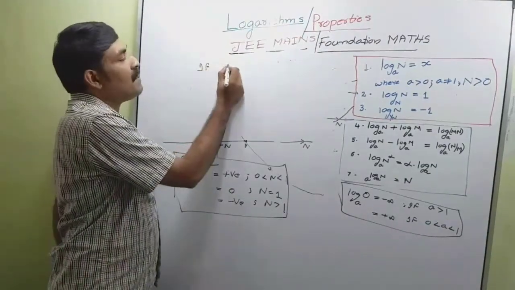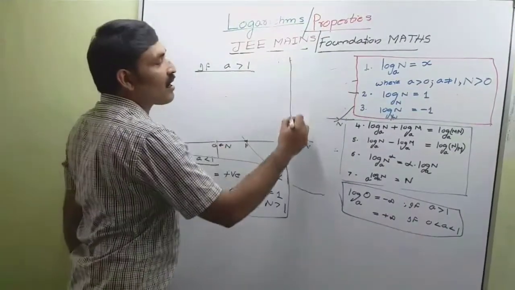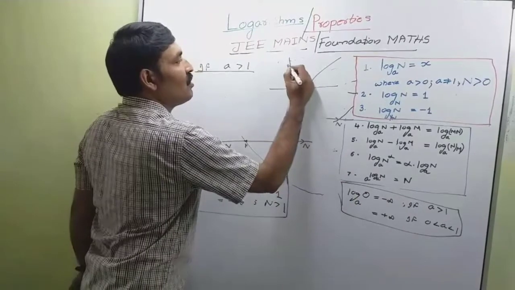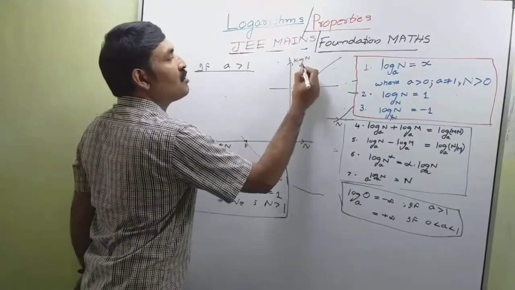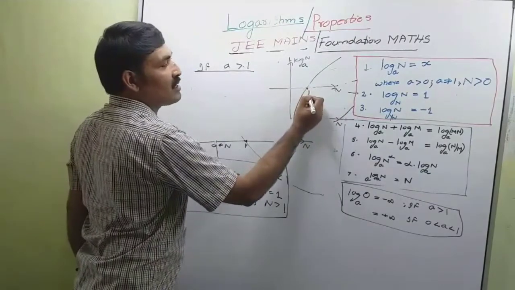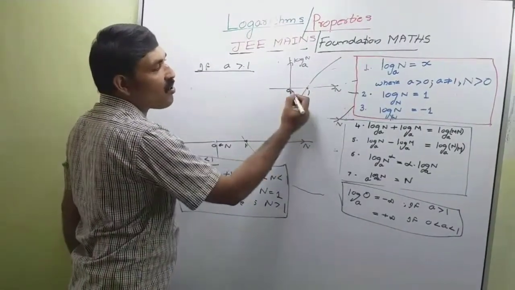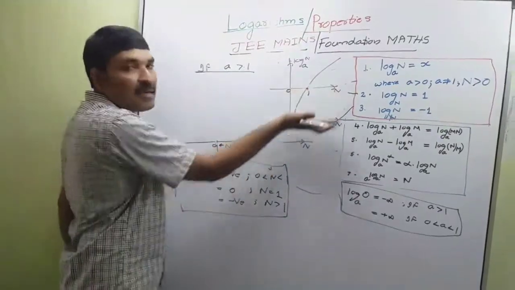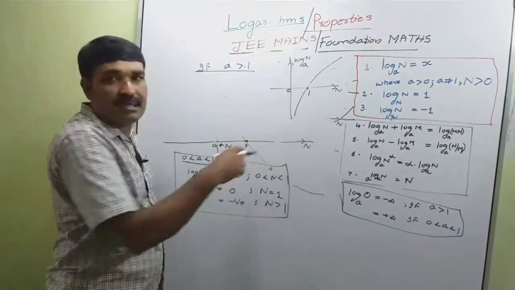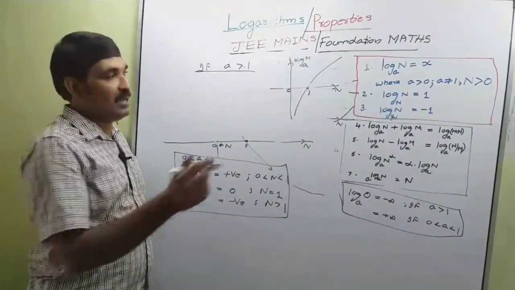If base a is greater than 1, what is the graph? Our graph looks like this. This is the value of log n to the base a, a is greater than 1, and this is n. This is the point n equal to 1, 0. So for n between 0 and 1, the graph is lying below the x-axis, that is along the negative y-axis. That means the value of log n to the base a is negative.